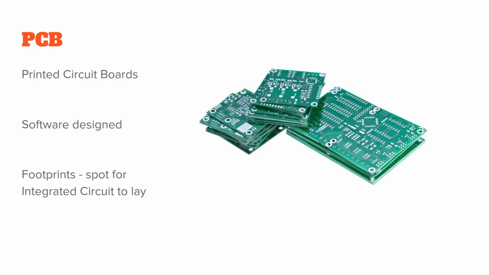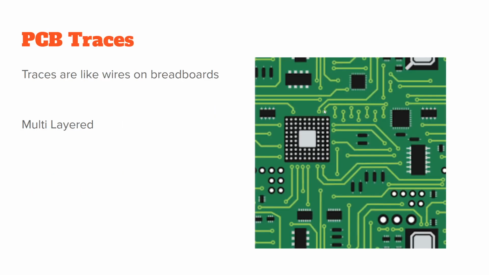Sometimes they're up to like 32 layers thick, I think, with only footprints on the outsides. So traces travel between the layers with things called vias, these little tiny circles that let traces travel down through the PCB.